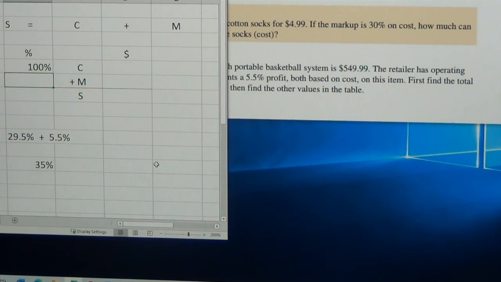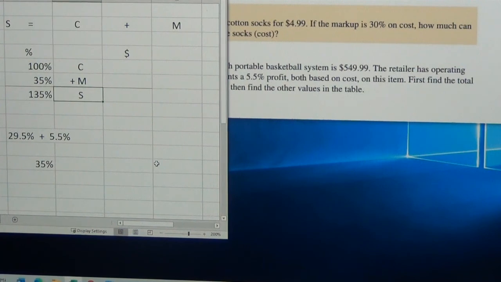The markup is going to have to be 35% because that's going to cover my cost and my markup, so that ultimately the sales price is going to be 135% of the cost.